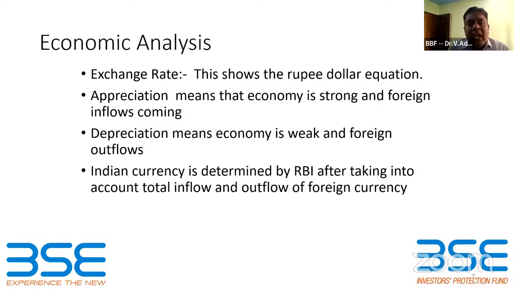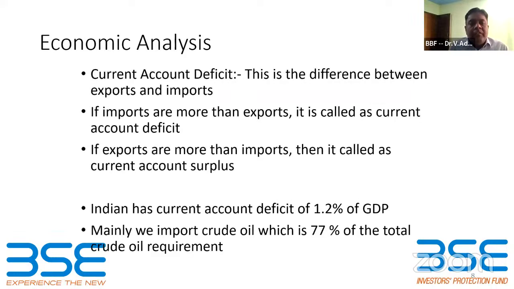Remember, friends, that RBI takes into account the total inflow and outflow of foreign exchange before finally deciding the rupee-dollar equation. Then if we talk of the current account deficit, it is the difference between exports and imports. If imports are more than exports, it is called a current account deficit, and if exports are more, we call it a surplus.